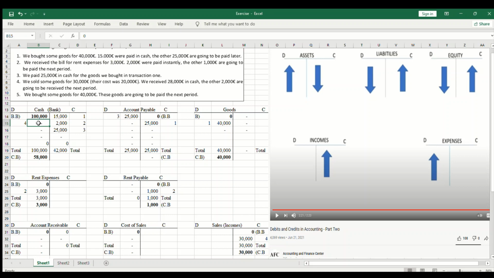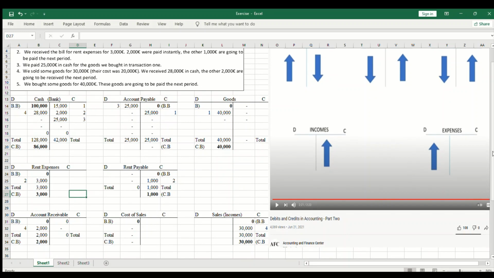Cash is debited for 28,000 euros, and the other 2,000 euros are going to be received the next period. So this is for us account receivable. Transaction 4, account receivable is debited for 2,000 euros. Account receivable is an asset, so the rule is as for all the assets.